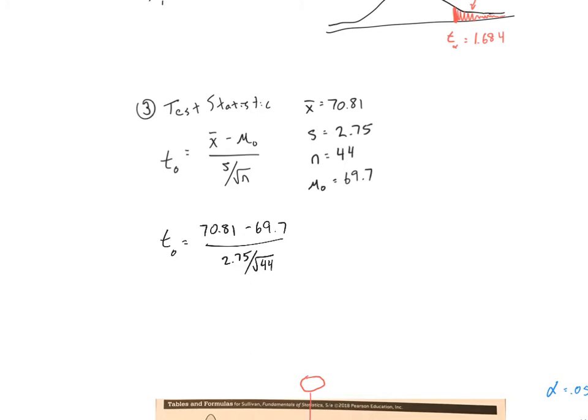If you like typing things all in one step, that's okay. The numerator needs its own parentheses, and you'd be wise to put parentheses around the denominator as well. And if you type that in carefully and correctly, I got a t-score of, oops, I don't want to use red here, I want to use blue, a t-score of 2.68, or 2.677 if you go 3 decimal places.